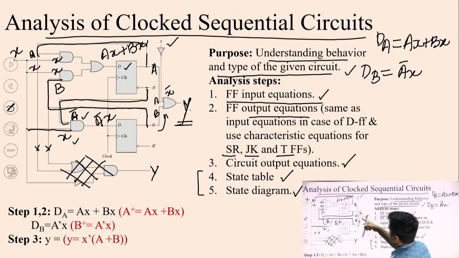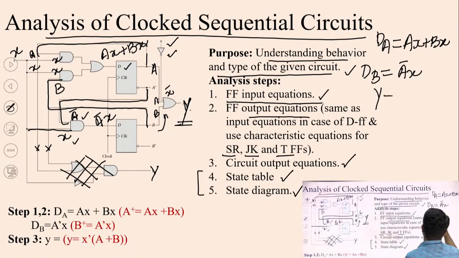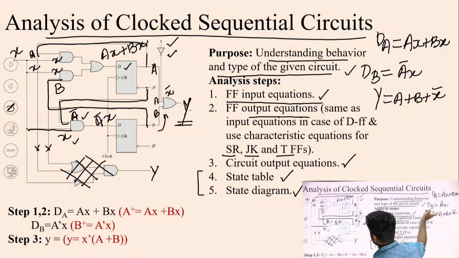From this expression we can check that Y is A plus B plus X bar, with this NOT gate. So if we are using this Y, we get the expression A plus B plus X bar.